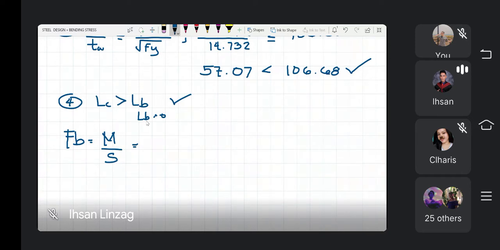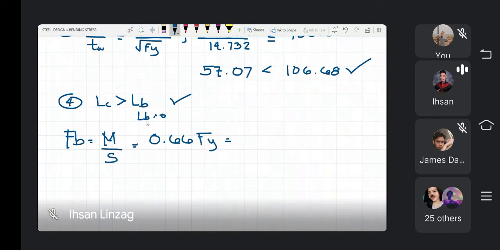Anyone from the class? What is the allowable bending stress kapag compact yung ating section? 0.66 FY. So, correct. 0.66 FY. Ayan. Then, itong M dito, that is the resisting moment na tinutukoy niya.